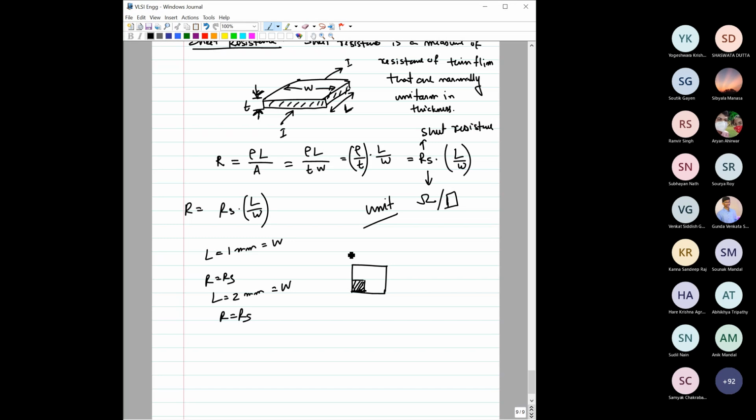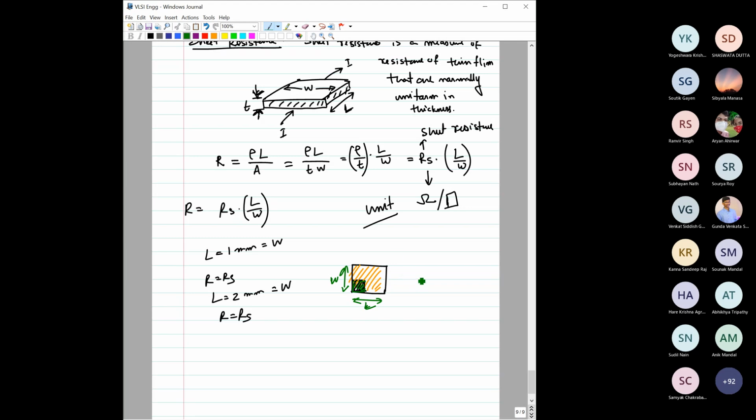So let me repeat it again. The resistance value is the same for this square and this square. As long as your W and L values are the same, W is equal to L, the resistance offered by this slab is going to be the same, right?